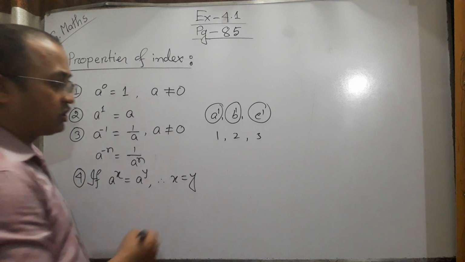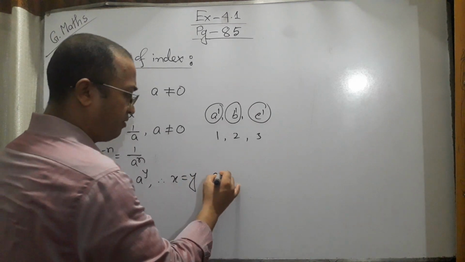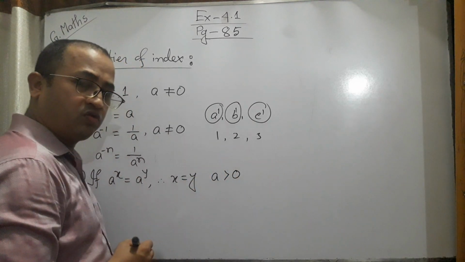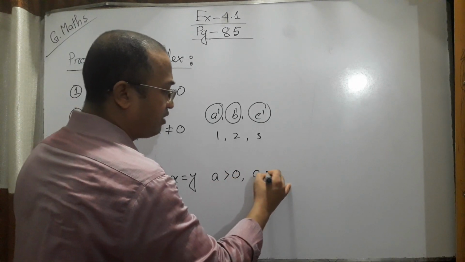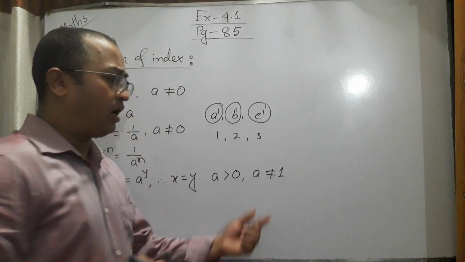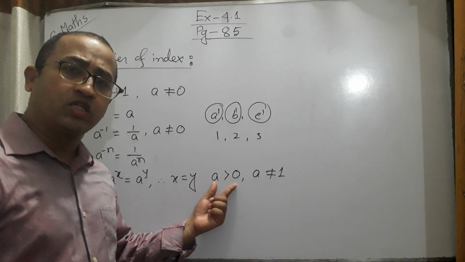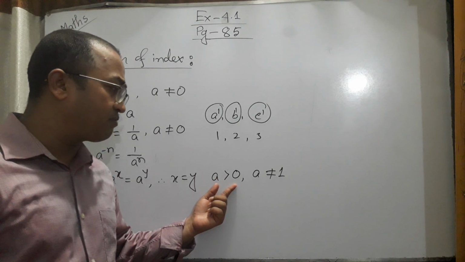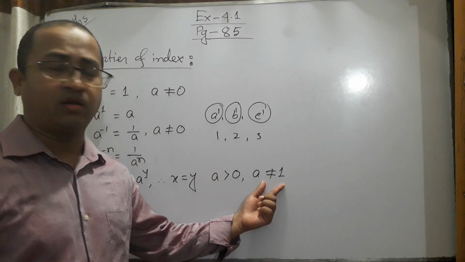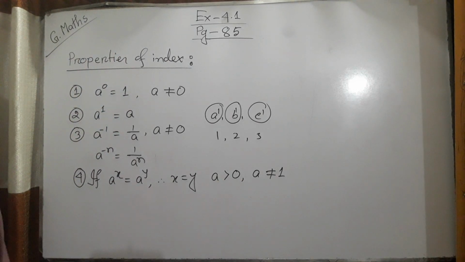It has also a condition, that a is greater than 0 and a is not equal to 1: all the positive numbers except a equal to 1. It is possible. Okay.